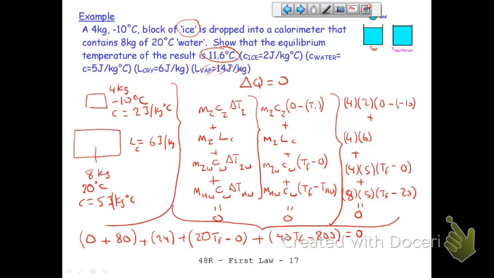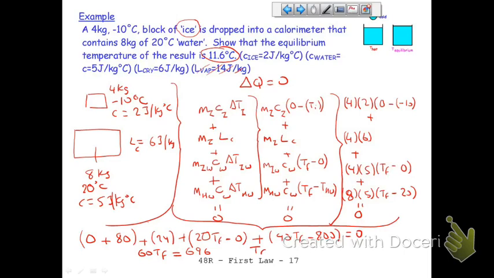Grab your TFs and put them together. 60 TF is equal to 800 minus 104. 800 minus 104 is 696.